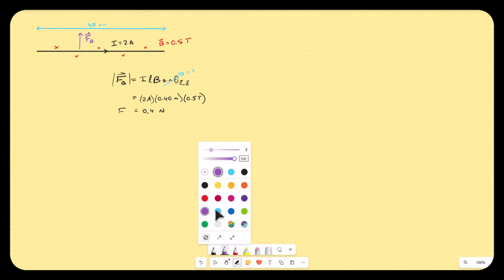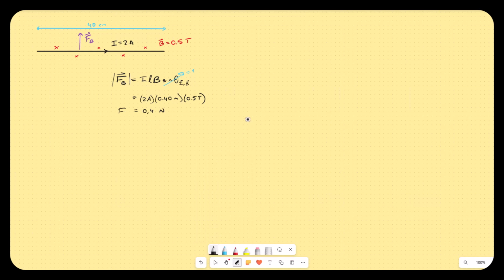I want to also do one where things aren't quite as clean as this. Let's keep our current exactly the same. We're going to say our I is 2 amps, and we're going to have a region where the B field looks like this. And this is really about the only thing you have to be careful of, which angle is given.